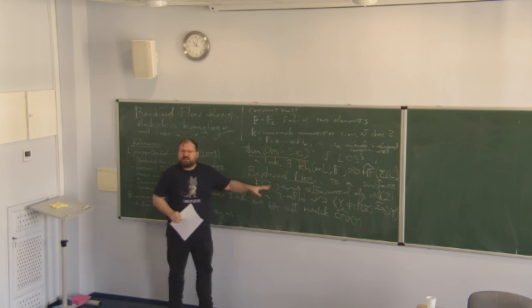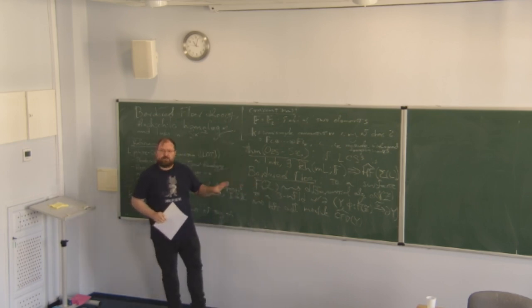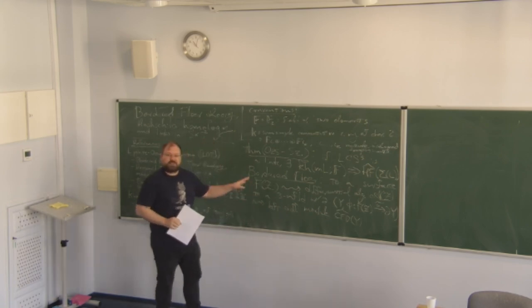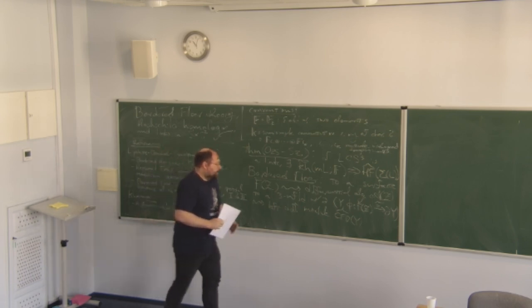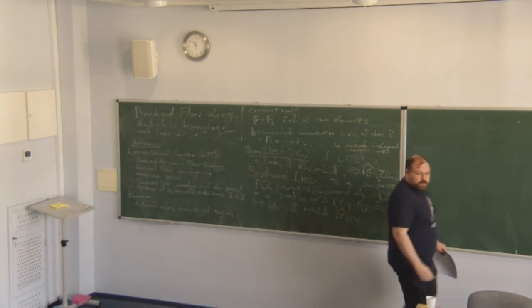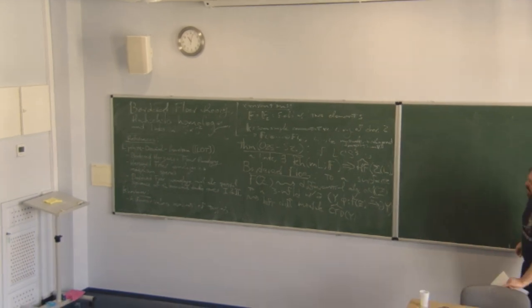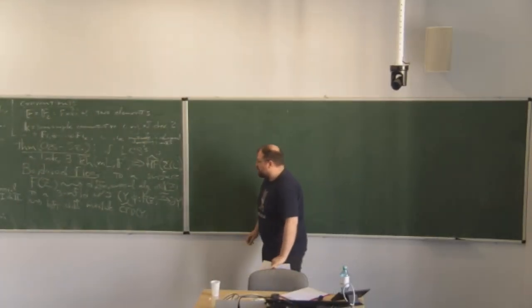Strictly speaking, you need several auxiliary choices here. You need some choice of what's called a bordered Heegaard diagram, which is a combinatorial presentation of the three-manifold with this parameterized boundary. But up to homotopy equivalence, this object is independent of the auxiliary choices.